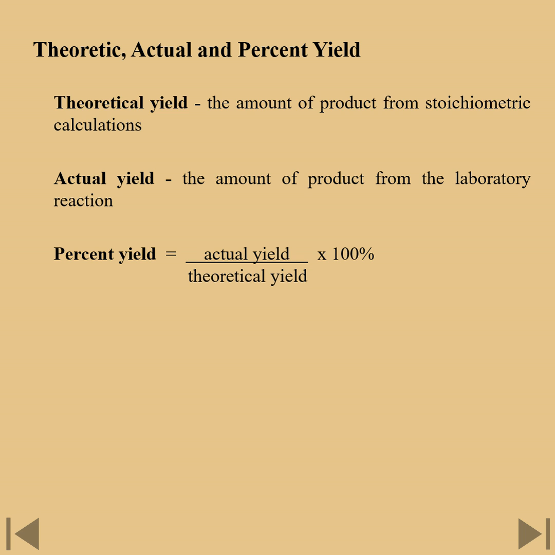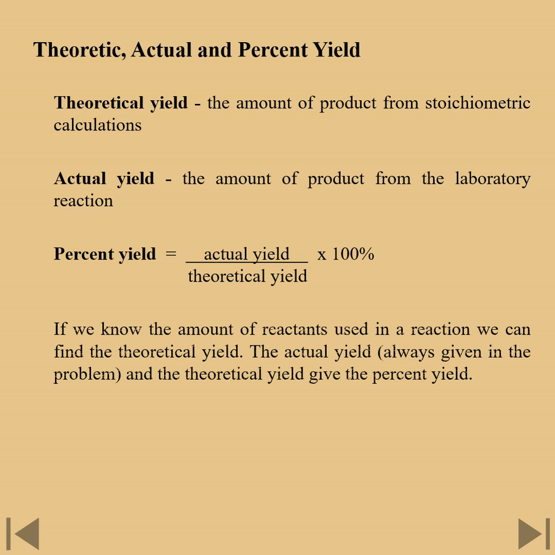Put the actual over your theoretic, and of course it's going to be less than 100%. So again, you may be given the amount of reactants, which gives you the amount of product, and you're given the actual yield. Put the actual over theoretic, multiply by 100%.